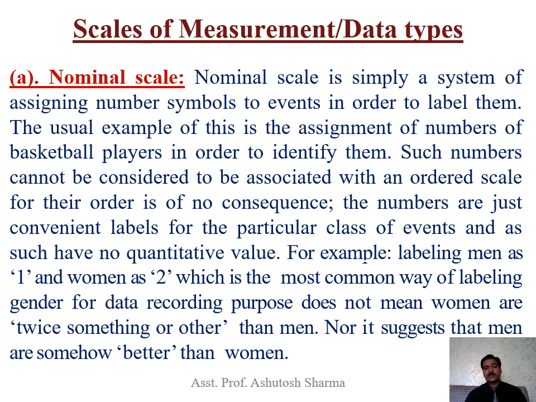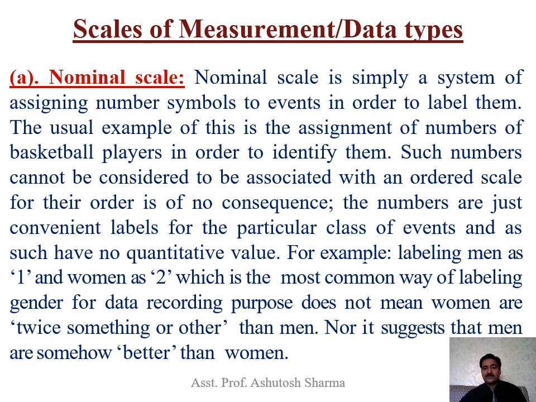First comes nominal scale. So nominal scale is simply a system of assigning numbers, symbols to events in order to label them. The usual example of this is assignment of numbers to basketball players in order to identify them. Such numbers cannot be considered to be associated with an ordered scale, for the order is of no consequence.